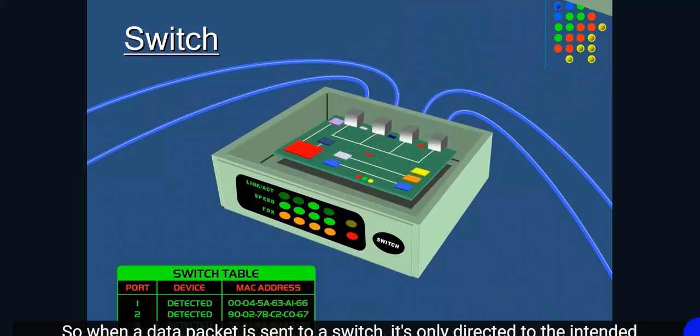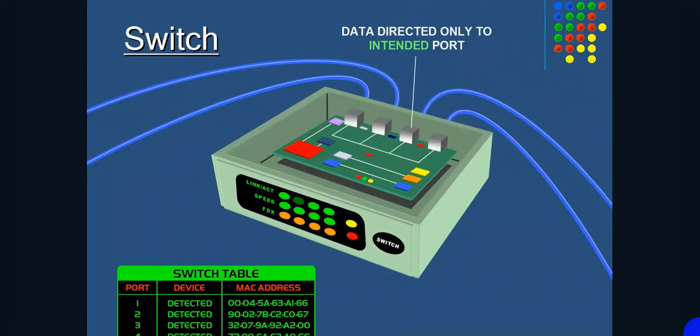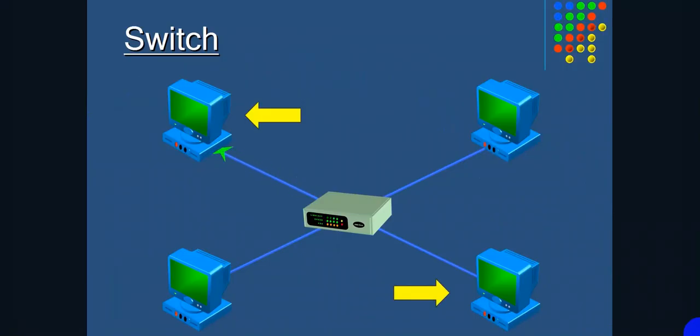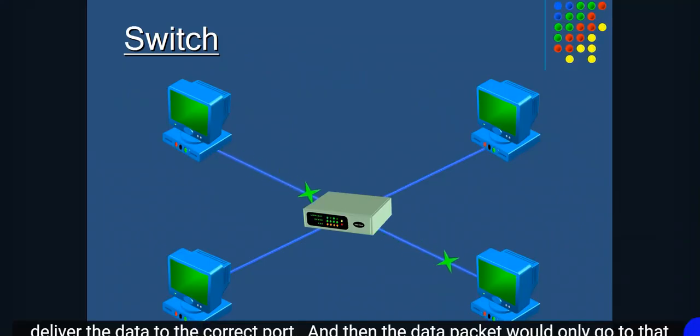So when a data packet is sent to a switch, it's only directed to the intended destination port, unlike a hub, which would just rebroadcast the data to every port. For example, if this computer here wanted to communicate with this computer over here, the data packet arrives at the switch, and then the switch will look at its table of MAC addresses and matching ports and deliver the data to the correct port.